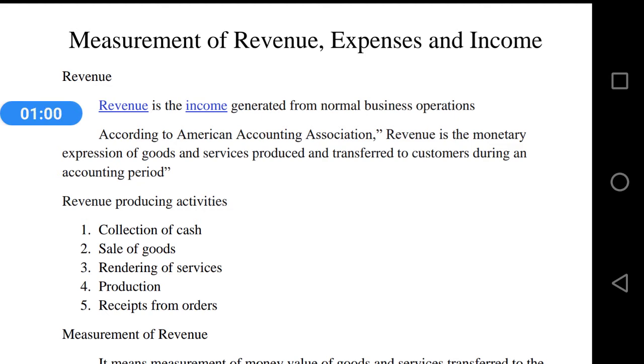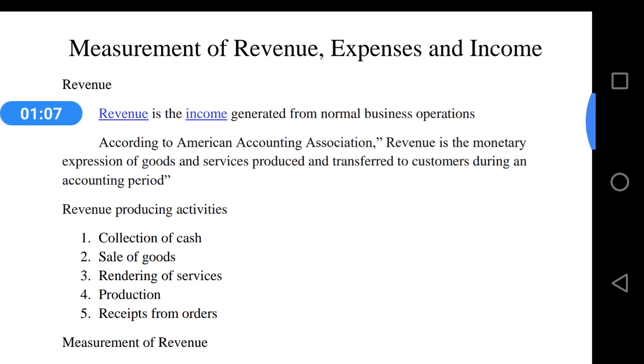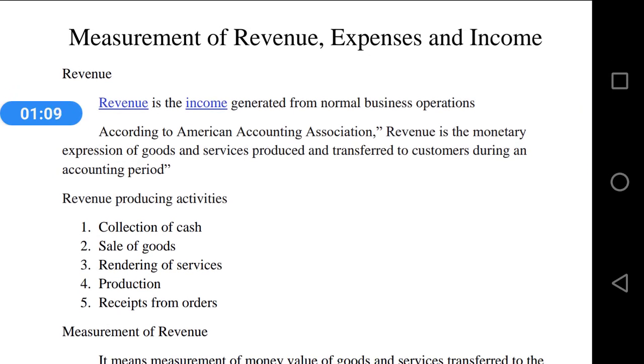Okay, so revenue is nothing but income generated from normal business operations, or the amount received by selling of goods, then rendering of services.